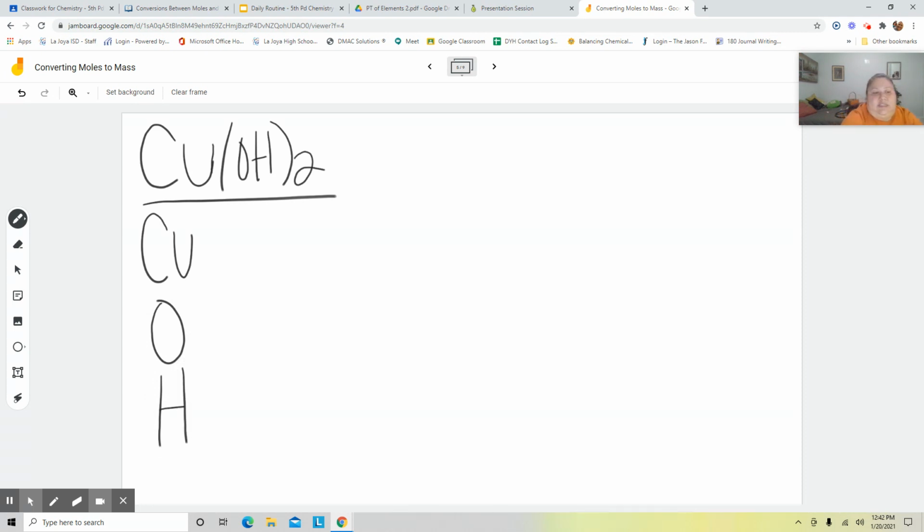Now you need to list how many you have, right? What number is here that you don't see? A 1. Okay, so for copper, it's a 1. For oxygen, it's a 1, but it's in parentheses and a 2. What did we say we do when we have a number outside the parentheses and a number here?